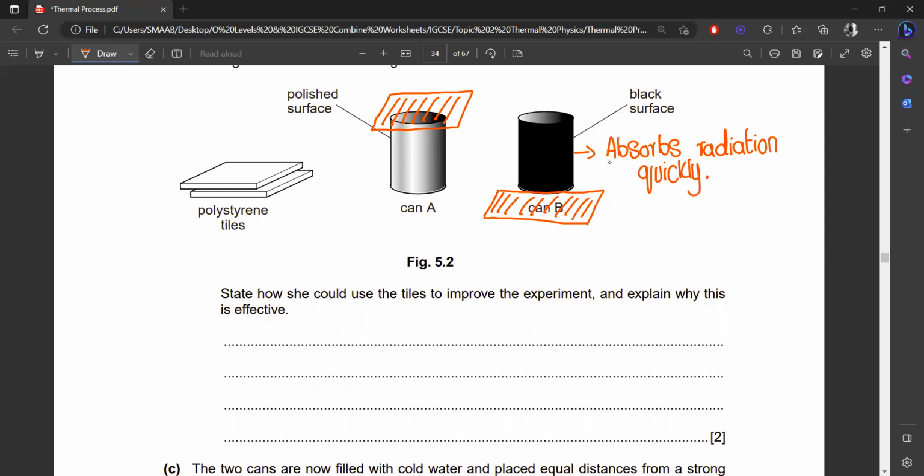We know the reason: black is a good absorber and a good emitter, so can B will absorb radiation more quickly as compared to can A, right?